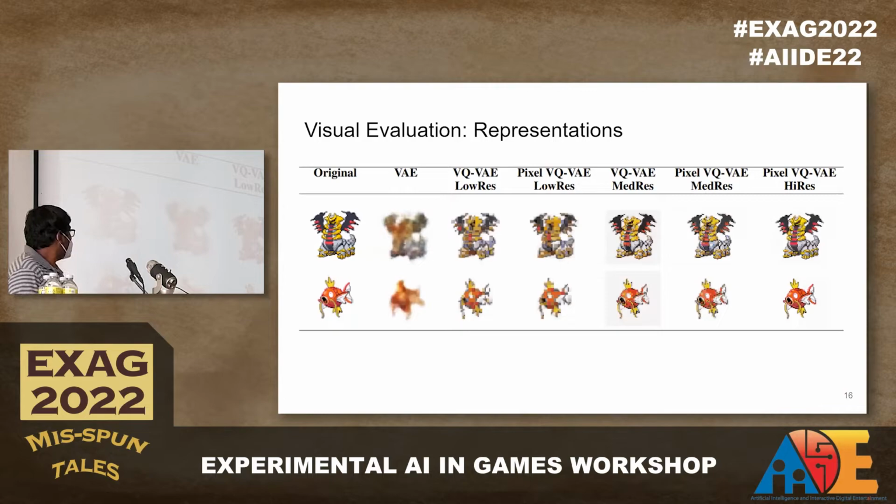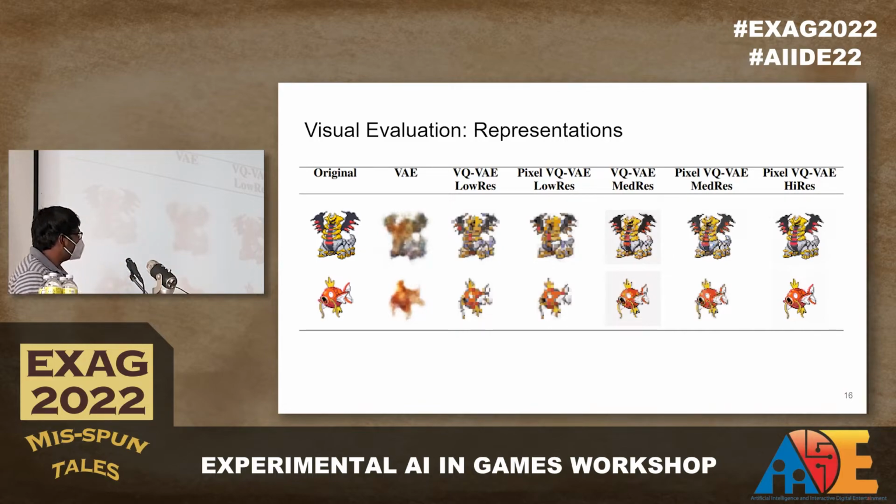Now, in terms of evaluation, let's first look at the representational quality and let's look at some images. I hope these images are visible, but these are all on the test set. This first column here is the original image. The second column is our first baseline, which is a normal VAE. The remaining columns are the VQ-VAE and the Pixel VQ-VAE. The VQ-VAE is our model without the enhancements that we introduced.